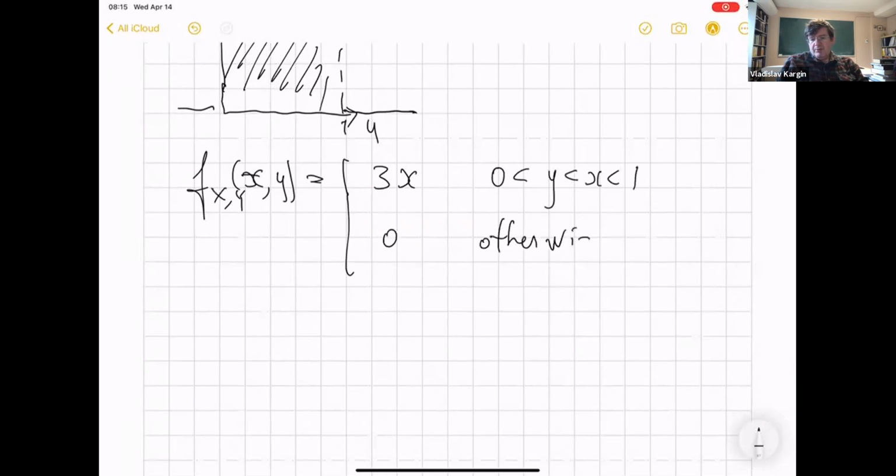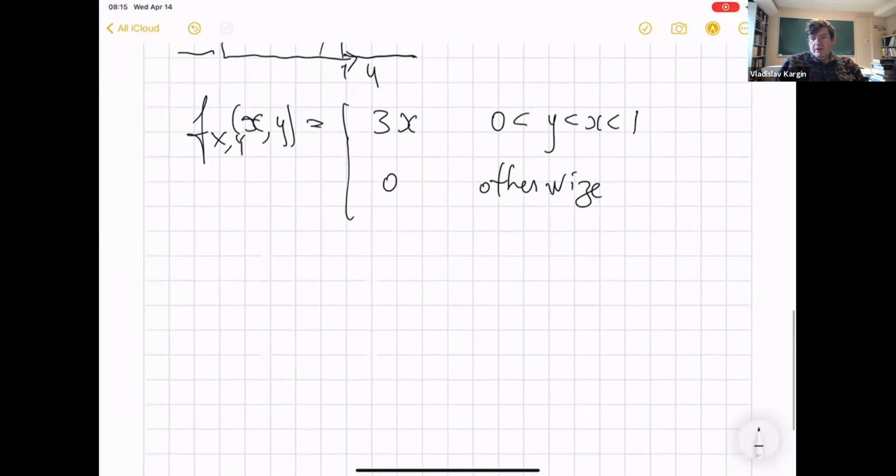Right? It's almost like the previous example. In the previous example, it was 2x. But the important thing is that the range here is different, and it's not a rectangle. So here the range is a triangle.